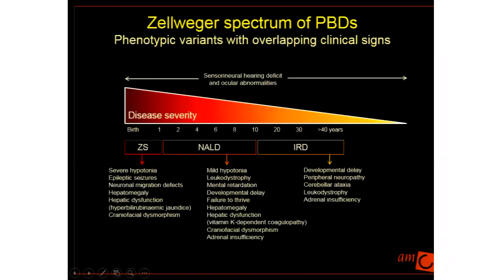So the Zellweger spectrum of peroxisome biogenesis disorders is really a large spectrum of phenotypic variants with overlapping clinical signs. And typically all the patients, or at least most of the patients, have sensorineural hearing deficit and ocular abnormalities, and then they have additional clinical symptoms that make the disease more severe, and which is often a reflection of the severity of the peroxisomal biogenesis defect in these patients.